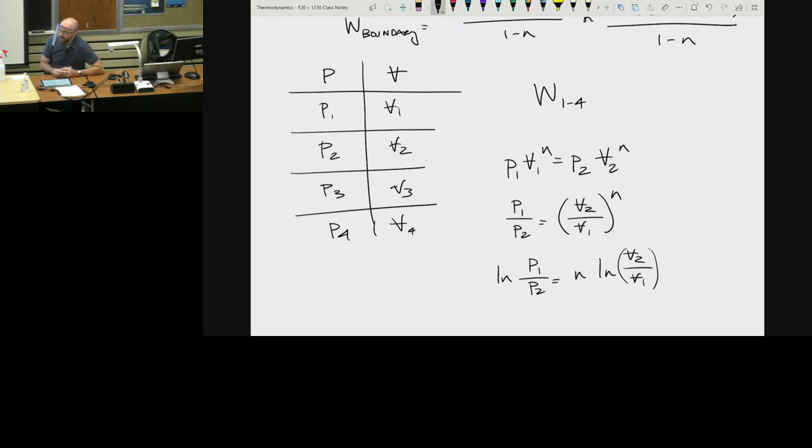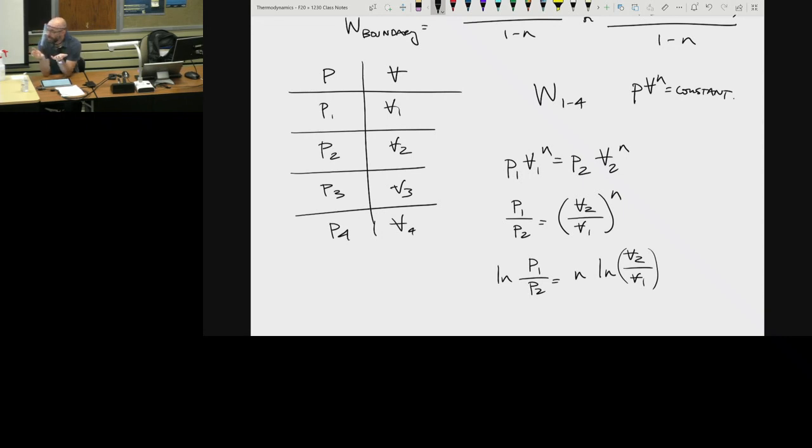And we know what n is. Now, we could use any two pairs to find this. We could use P1V1 and P2V2, or P1V1 and P3V3, or P2V2 and P4V4, any of those two pairs, because we are saying with polytropic that PV^n is equal to a constant. So any of those two pairs should give us a constant.